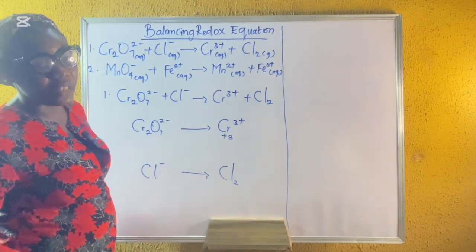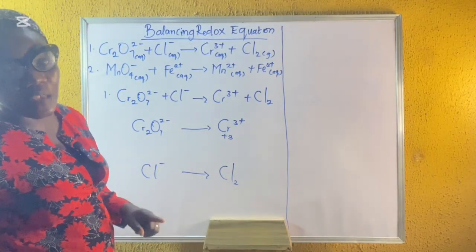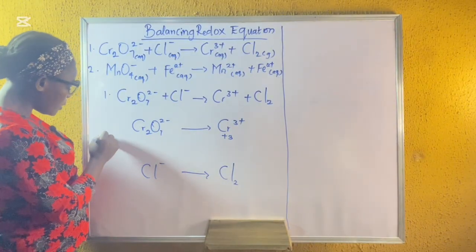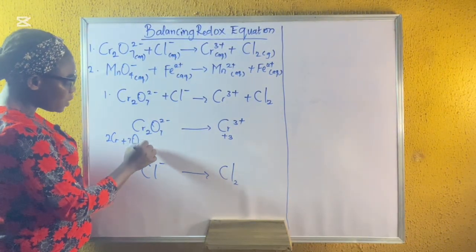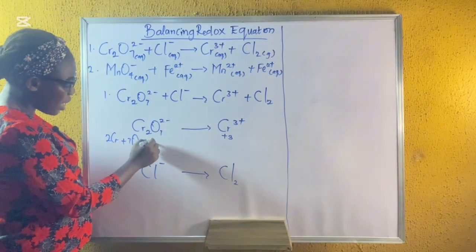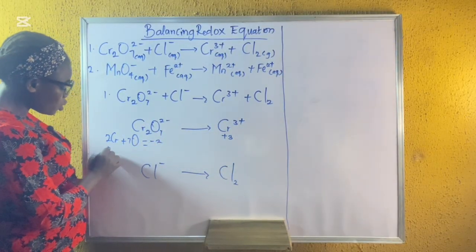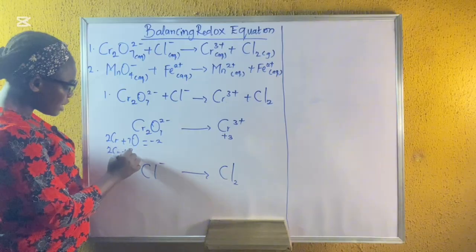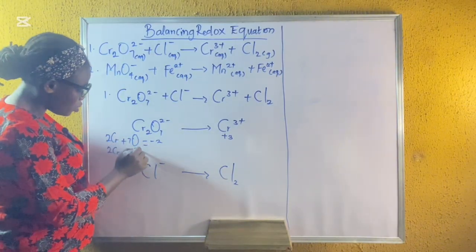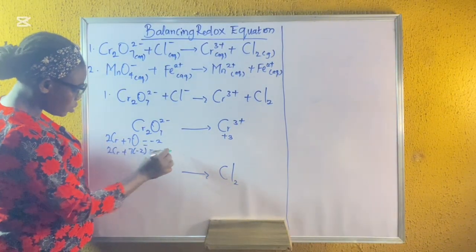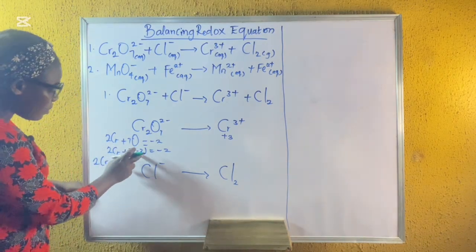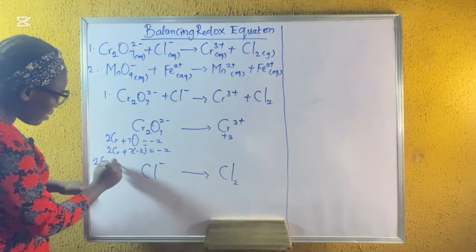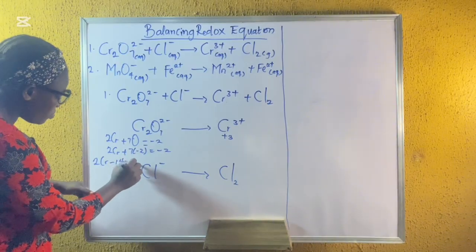So what's the oxidation number of Cr in Cr2O7 2-? It is going to be 2Cr plus 7 oxygen, equal to the charge it is carrying, which is -2. So 2Cr plus 7 times the oxygen of -2 equals -2. So 2Cr plus 7 times -2, that's -14, equals -2.